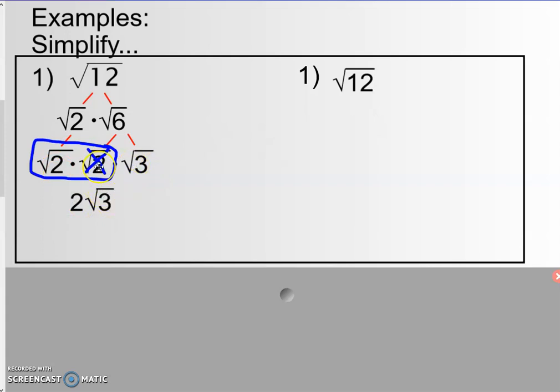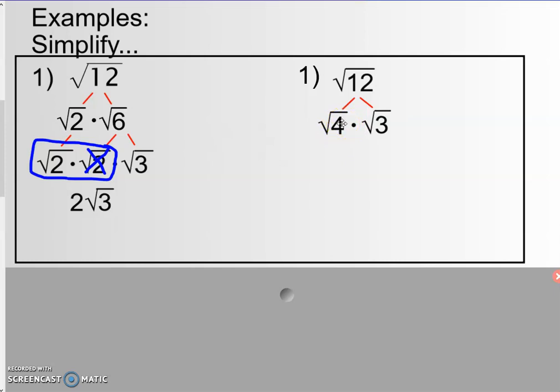Now, if you think about why this worked out, let's come over here to the other example for number 1. If we had chosen 2 different factors, I'm not going to say better, I'm going to say more efficient, we may have chosen 4 and 3 instead of 2 and 6. The reason this is nice is we know the square root of 4 is a perfect square.